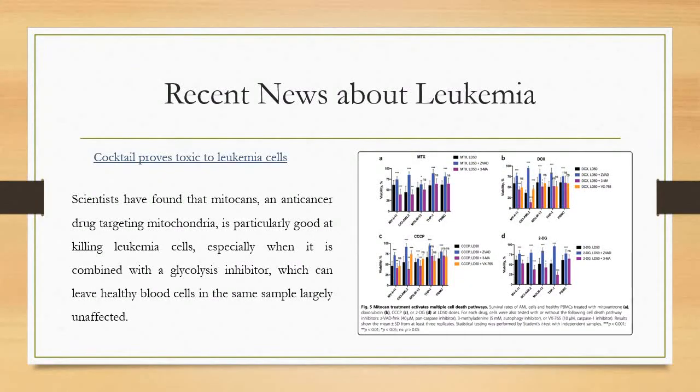Recently, in October 2019, a study led by the Rice bioscientist Natasha Kirienko found that mitokines, anti-cancer drugs that target mitochondria, are particularly adept at killing leukemia cells, especially when combined with a glycolytic inhibitor, while leaving healthy blood cells in the same sample largely unaffected.